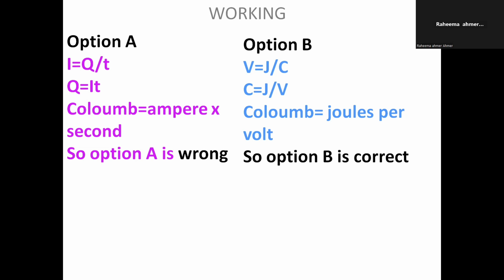If we make coulomb, or charge, the subject, the equation becomes coulomb equals joules upon volt, which you can also express as coulomb is joules per volt. We are given option B as joules per volt, so option B is correct.